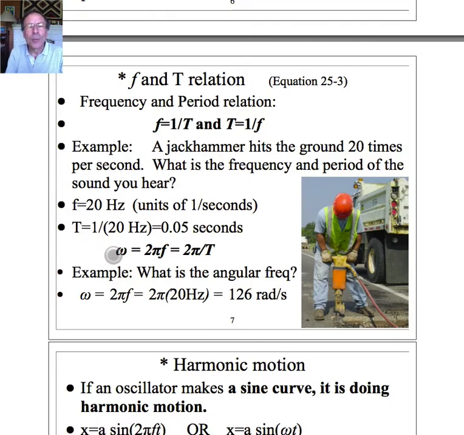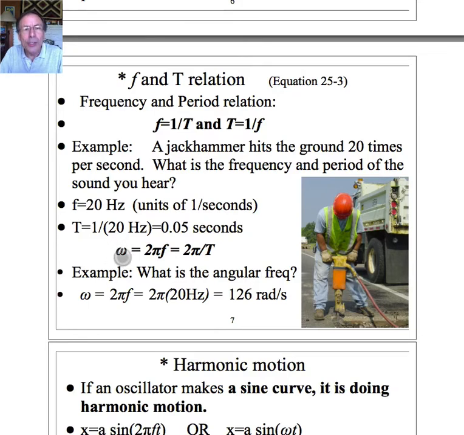Now, we need to introduce another kind of frequency. It's omega. We've seen omega as the rate of rotation of a wheel, and it's in radians per second. And omega is what we're going to call angular frequency, and it has the same units, radians per second. We'll see how this comes about in a little bit.